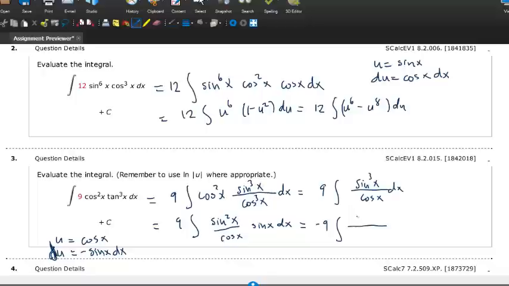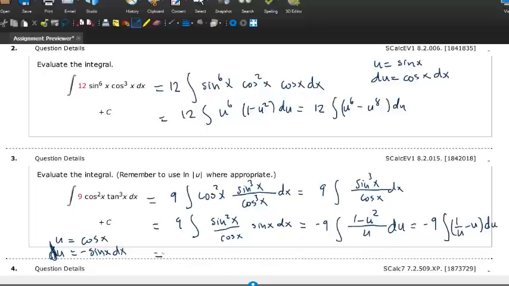Here again, I notice that sine square is 1 minus cosine square, so I can write 1 minus u square, divided by cosine x, which is u, and I have du. Alright, so I can split this integral into two pieces. Negative 9 stays there. I will get 1 over u minus u du.